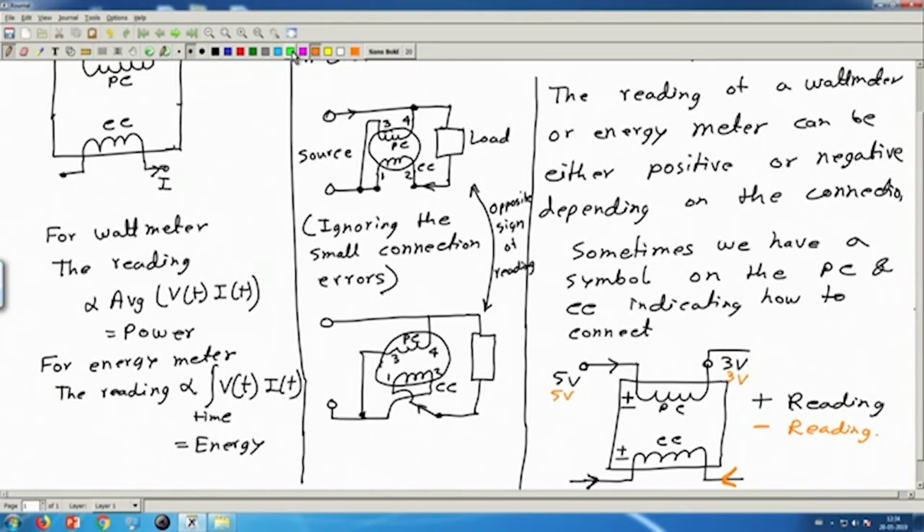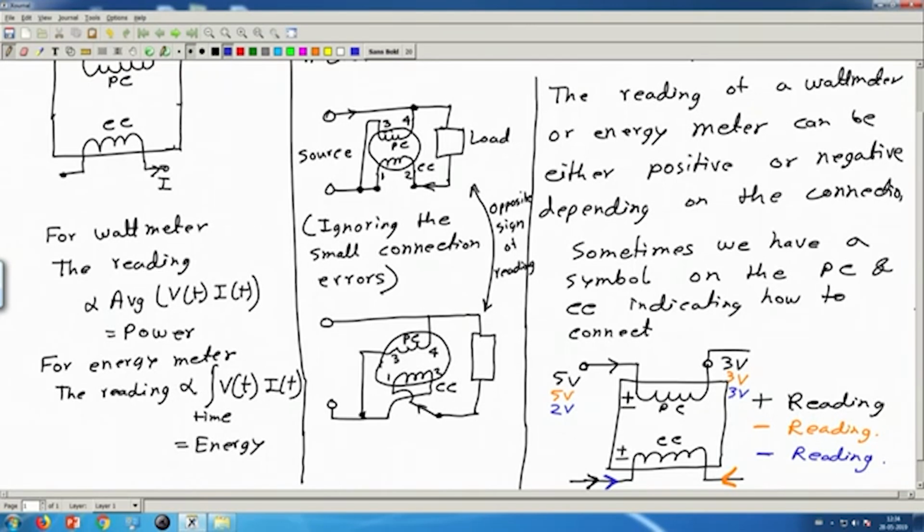Similarly, say if we connect like this, so that this current is entering through this, so I am using now blue color, and say this side is at 2 volt and this side is at 3 volt. Okay. That means this is at higher potential, then this will give negative reading.